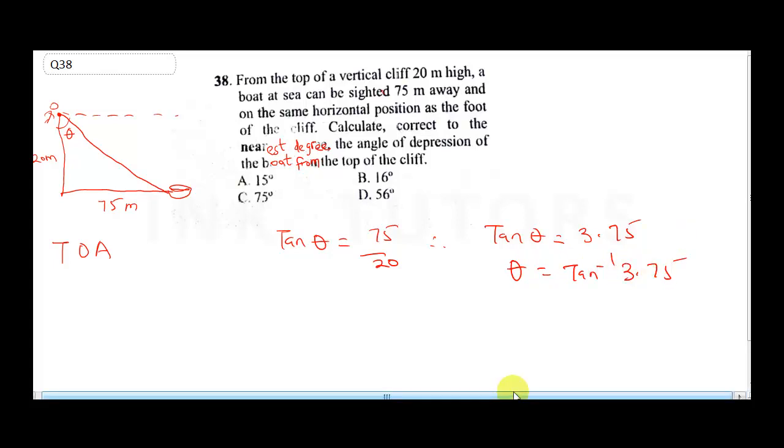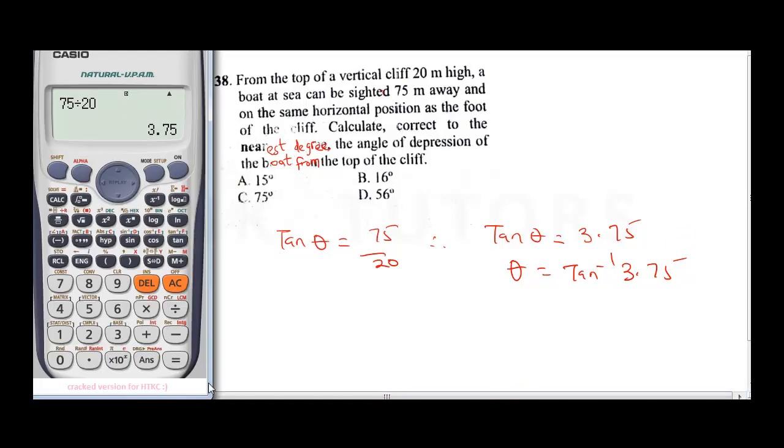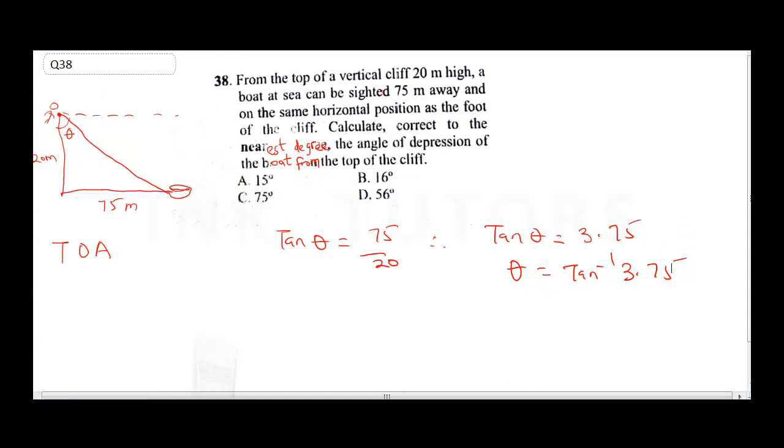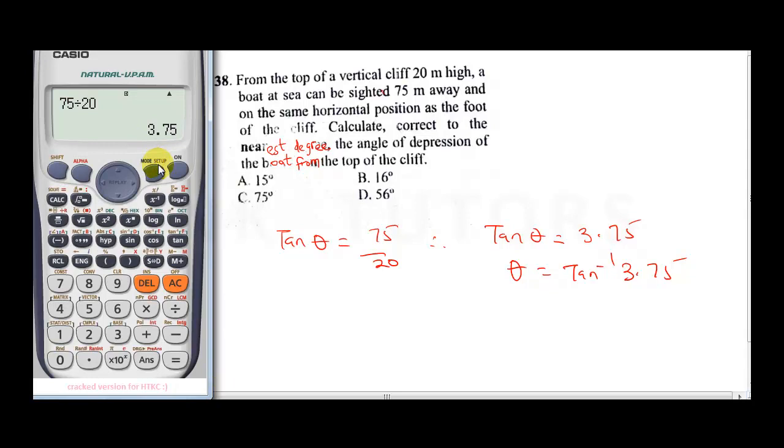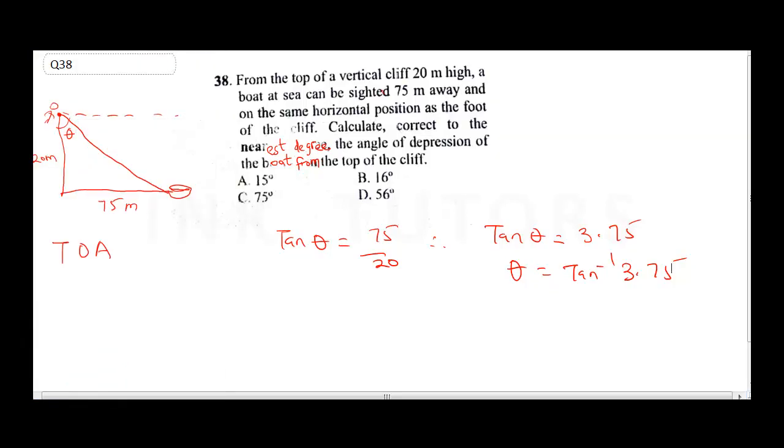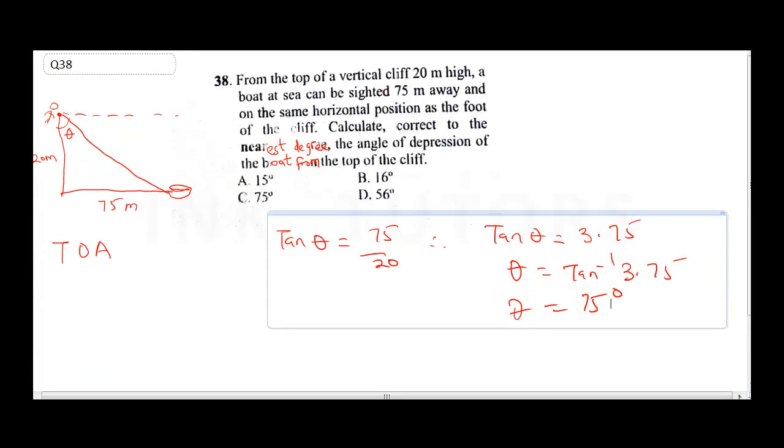That should give us our final answer. So we employ our calculator again. We'll say shift and tan inverse of 3.75. So our final answer is 75.06. Now the question says to the nearest degree, so theta is going to be 75 degrees. So that's the final answer to that.